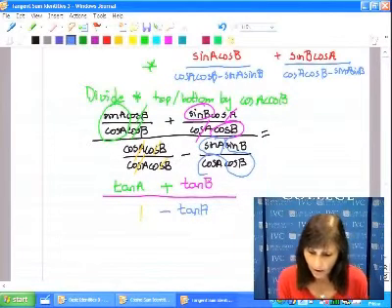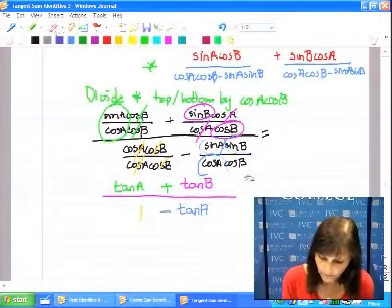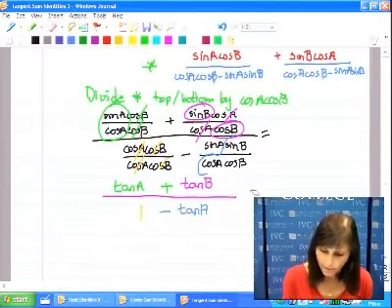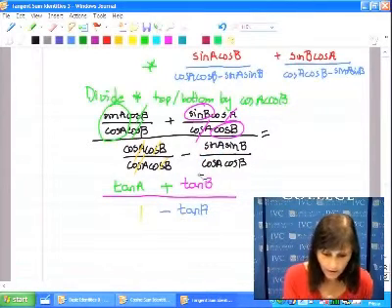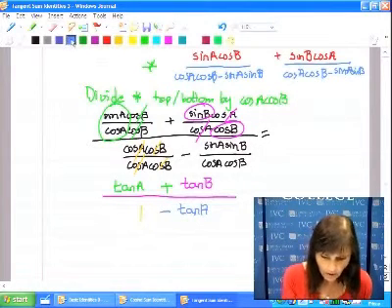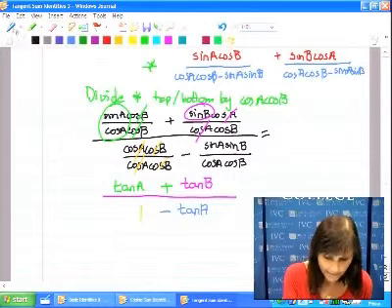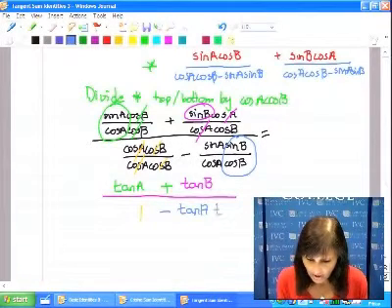Oh, sorry. I marked it wrong. So let's do it again. Sine b over cosine b is here, so that's tangent b.